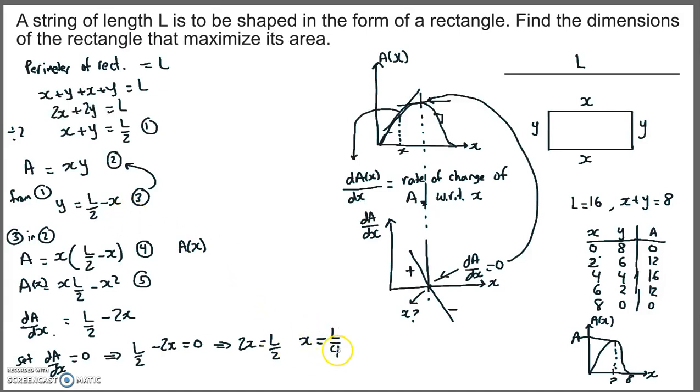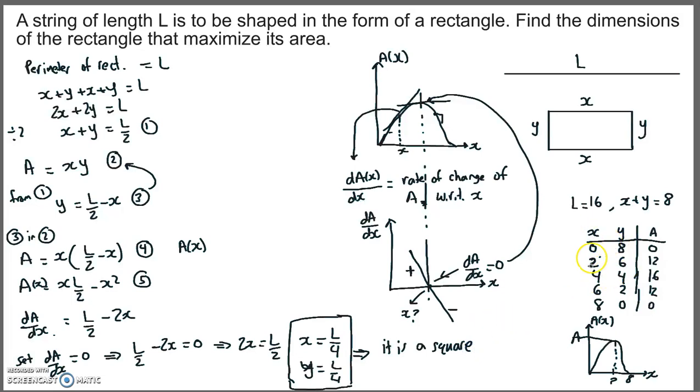And if we substitute back in equation 1, we'll find that y equals L over 4. So the dimensions of the rectangle that maximize the area are x equals L over 4, y equals L over 4. That means it's actually a square. It is a square.